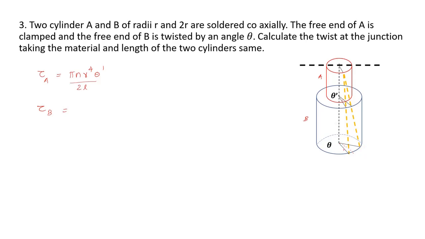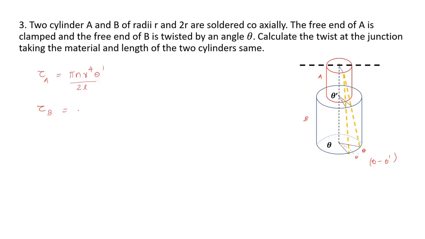So, instead of twisting from 0 to theta, it has twisted an angle from theta dash to theta. So, the angle which it is twisted is nothing but theta minus theta dash. So, the angle of twist of cylinder B is theta minus theta dash.